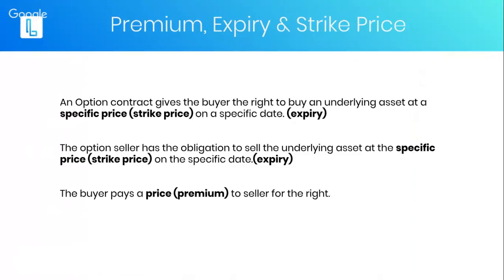So remember, the buyer of the house, that is you, where you paid him 5 lakhs, that amount that you paid is called a premium. Maybe in the case of a house, we don't call it a premium, we call it a token advance, right? But in the equity markets or in the options market, in the stock exchanges, the word used is premium. It's nothing but the same thing.